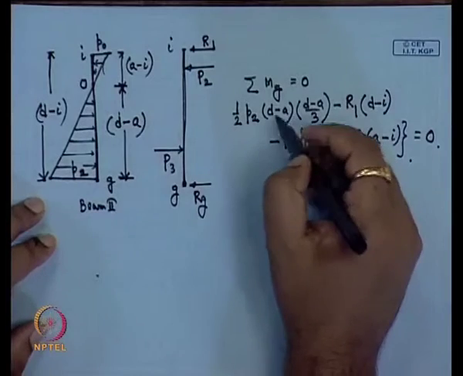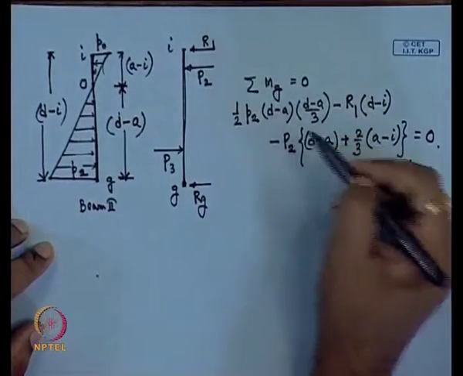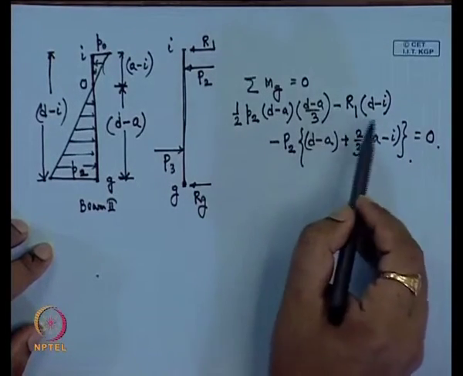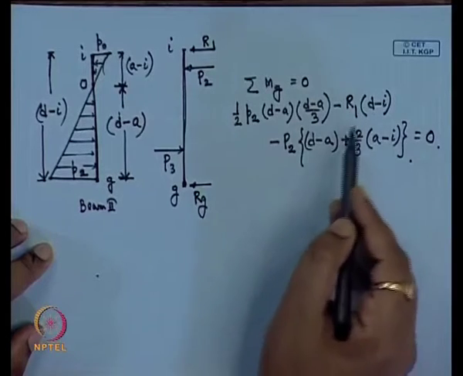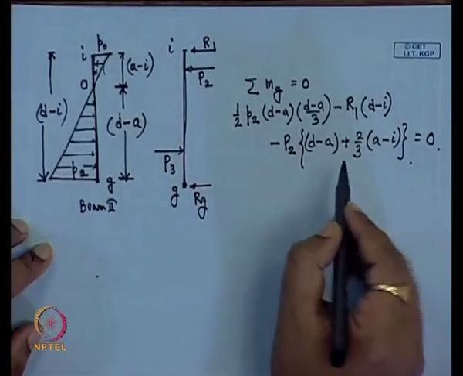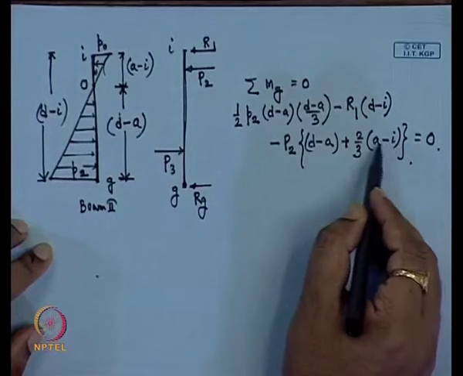Now, from this expression your D is unknown, which you have to calculate, A is known, then R 1 is known from the expression 1, then I is known.